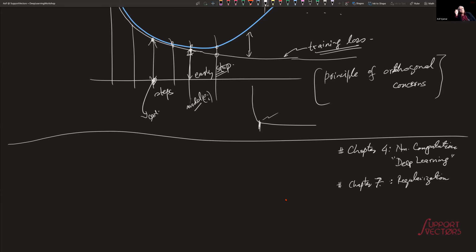Yeah, that is one saving grace: once it starts to separate out from the training loss, there's no getting better after a while. It's always going to go up. Exactly. That's a very good question that you asked.